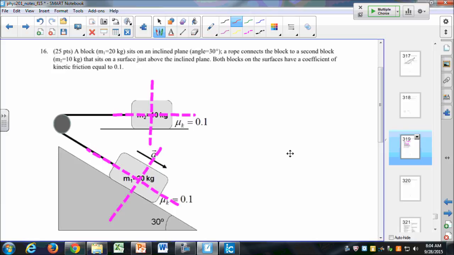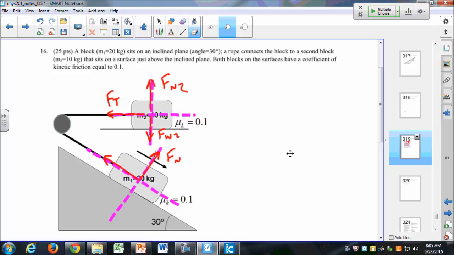I'm going to jump in here. Right, I'm going to go and resolve my vectors in this step.